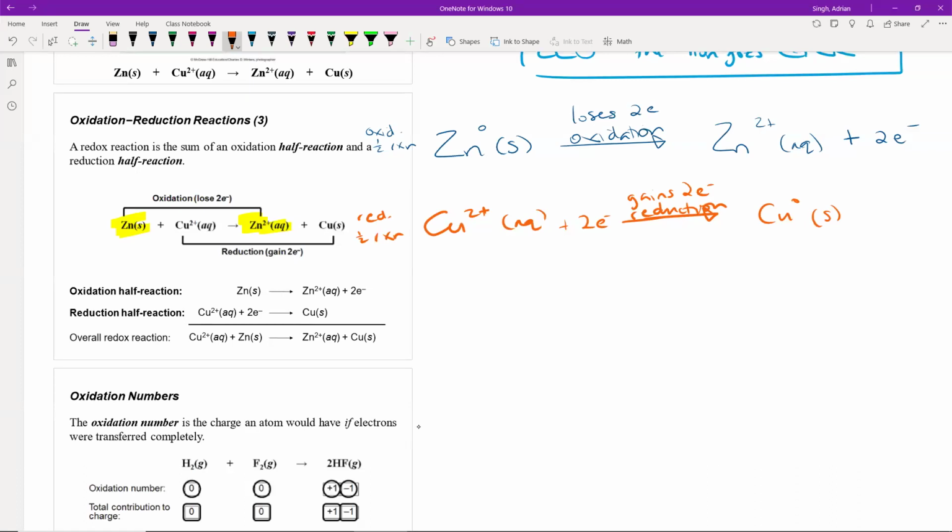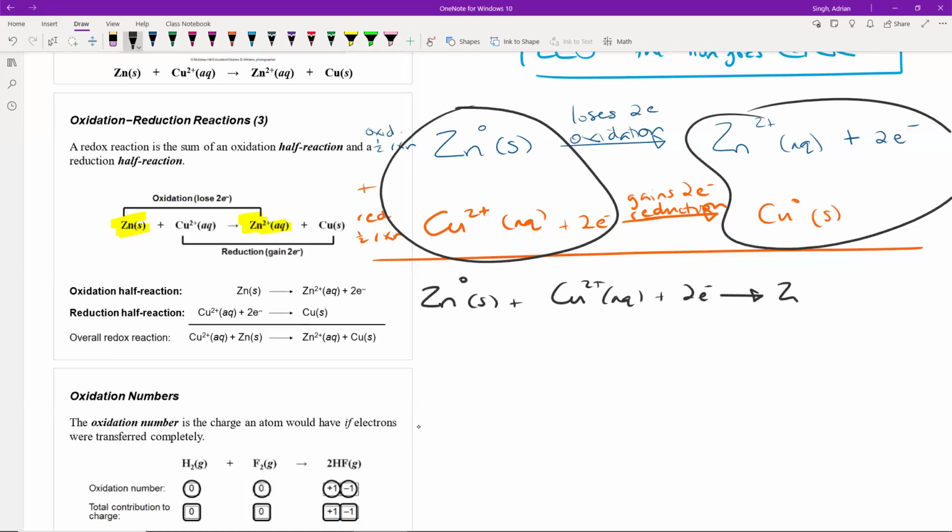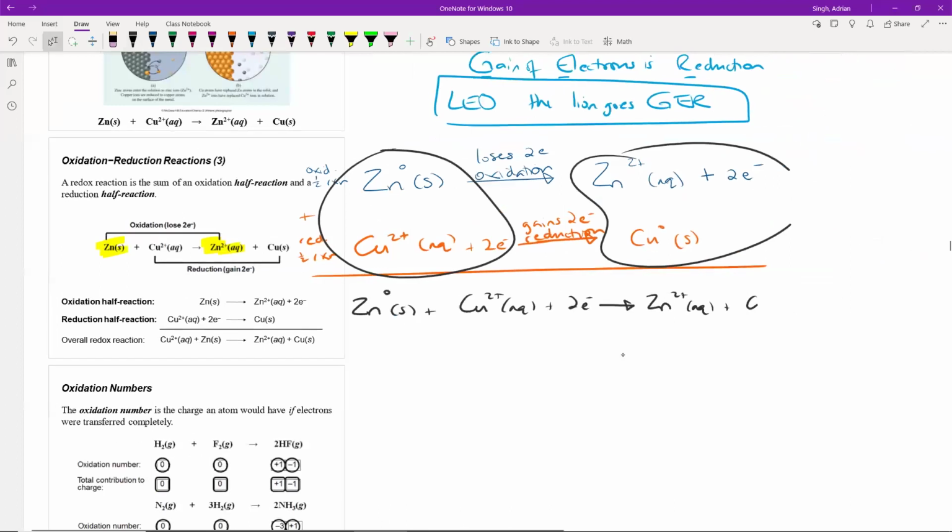If I add these together, what I'm doing is adding the things on either side of the equation. So on the left side of the arrow, I end up with zinc solid plus Cu 2+ aq plus 2 electrons. Then, everything on the right side of the arrow is this: Zn 2+ aq plus my copper 0 solid, then I have my 2 electrons.